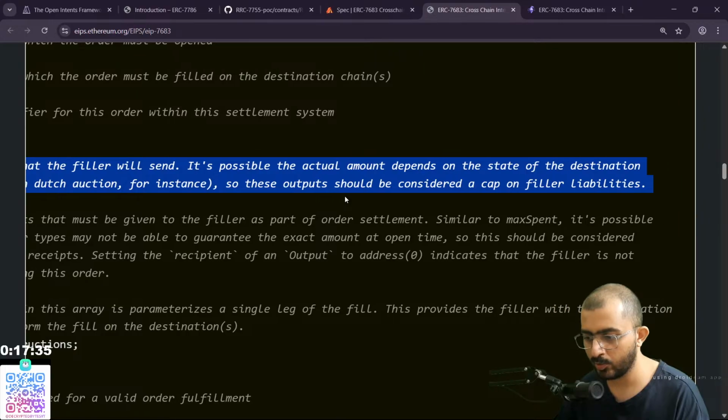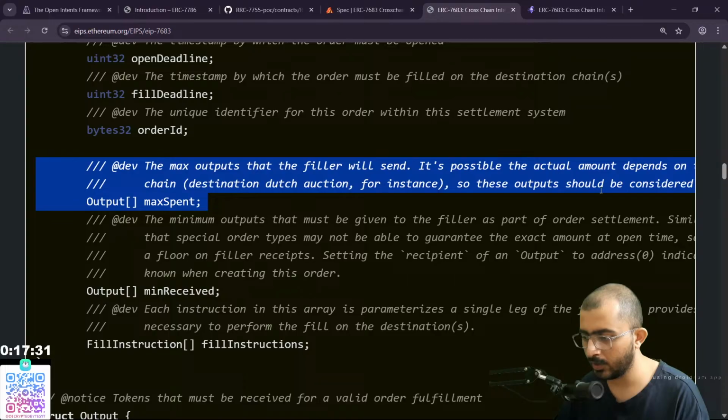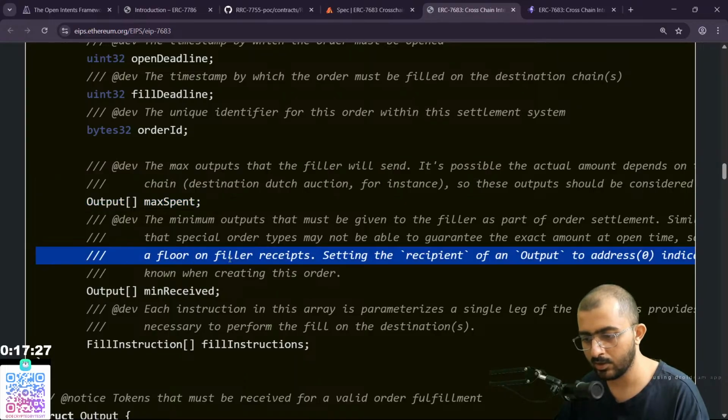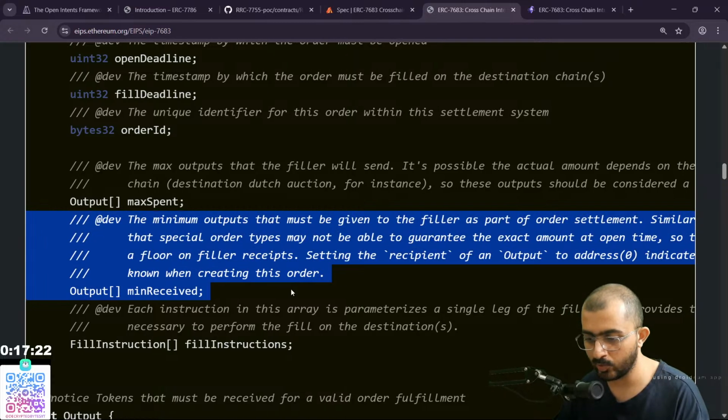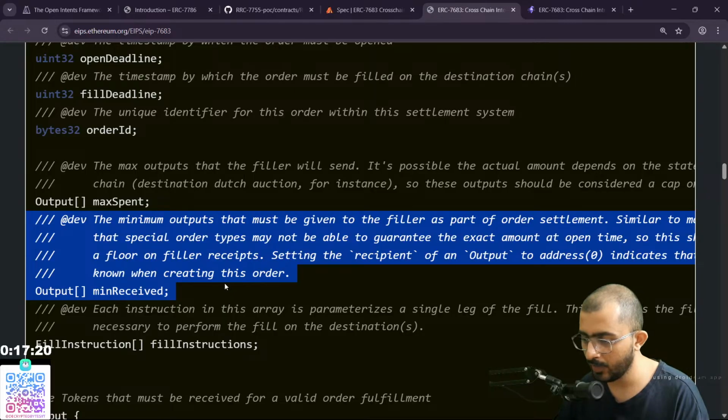So these outputs should be considered a cap on filler liabilities. Didn't understand a word out of it, not even a single word. Let's move on. As we go forward, I'll start to understand, as we go through examples and the rest of the things.